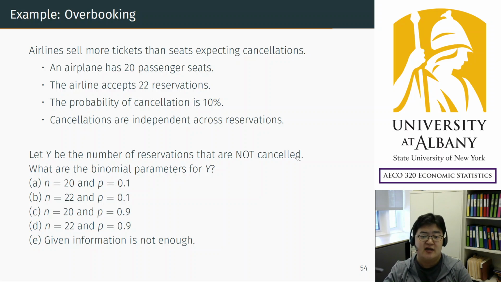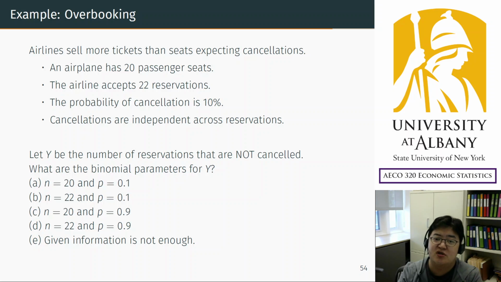Okay, then let's go back to the reservation example again. Let's think about a more realistic problem. Now, again, you are the manager of an airline flight. And airlines usually sell more tickets than the number of seats available, right? We call that overbooking.